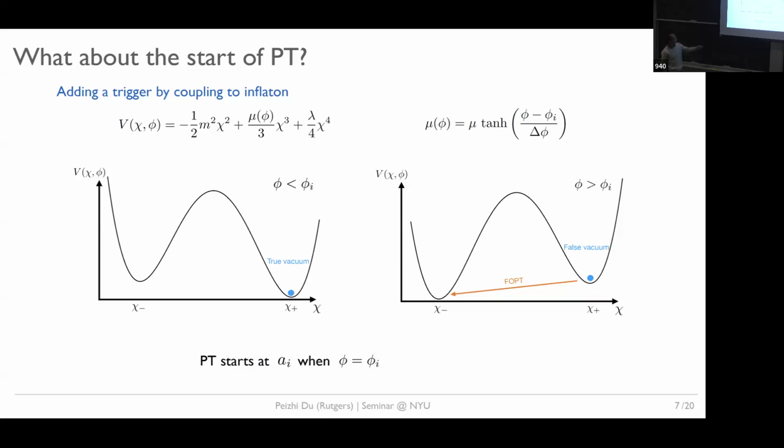So the chi plus vacuum is a true vacuum and it will stay there. But once phi scans across phi_I, the field value is lifted up because it becomes positive, and now the phase transition starts. So the time when phi equals phi_I is when the phase transition starts, and that is why we define a_I as the scale factor when the phase transition starts. That's the new feature, the start a_I.